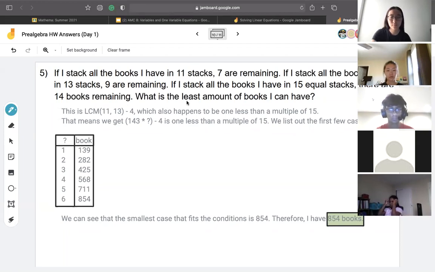You use each example, the chart on the side, you solve for each number, and if it was one less than a multiple of 15, then that was the answer. Yeah, so basically we don't know how many times we have to do it. So we try a bunch of different multipliers, and then we see whichever one fits the criteria, what's the lowest one that fits the criteria.